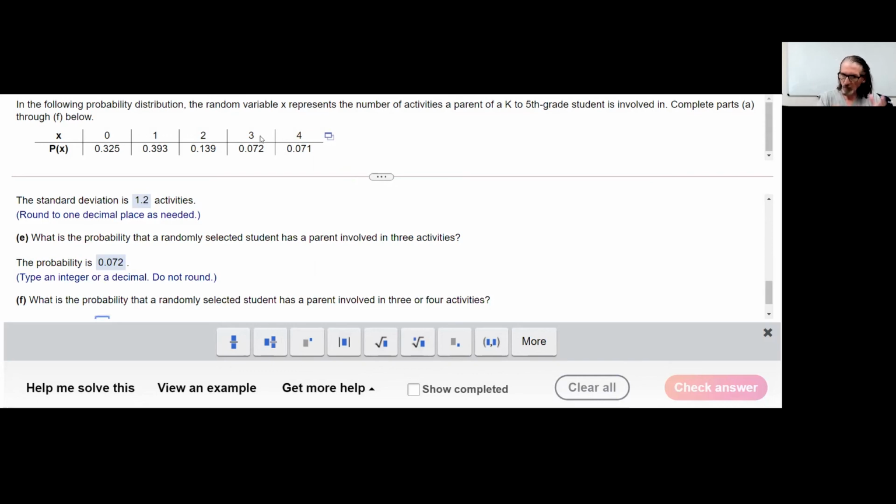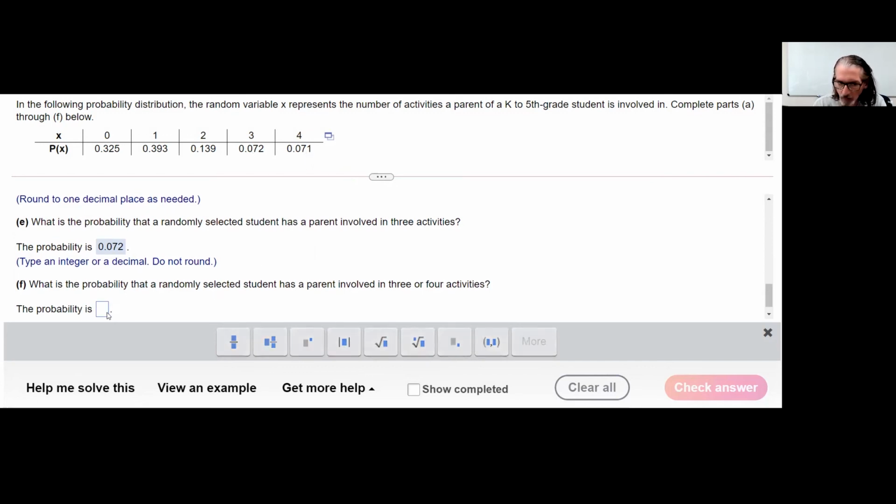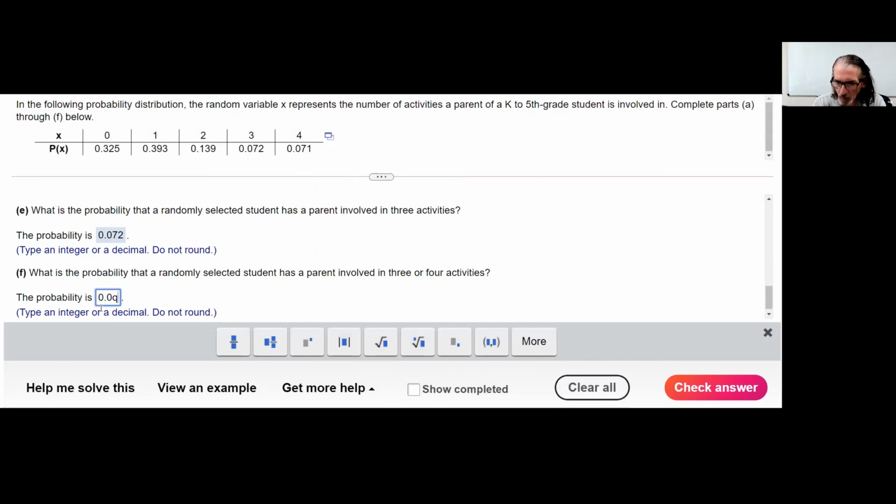You would have to go to a different student to get a different answer. So 3 or 4, we're talking about mutually exclusive events. We just add. There's no double counting to worry about. So we don't have to subtract anything out. That should just give us 0.143 when we add the 0.072 and 0.071.